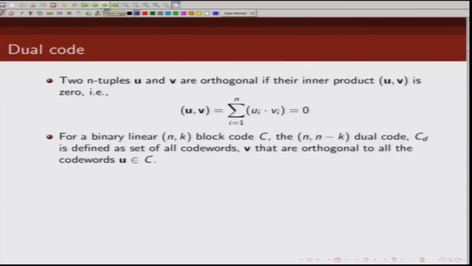So, for a binary linear (n,k) code, its dual has the parameters n and n minus k, and it has the following properties.